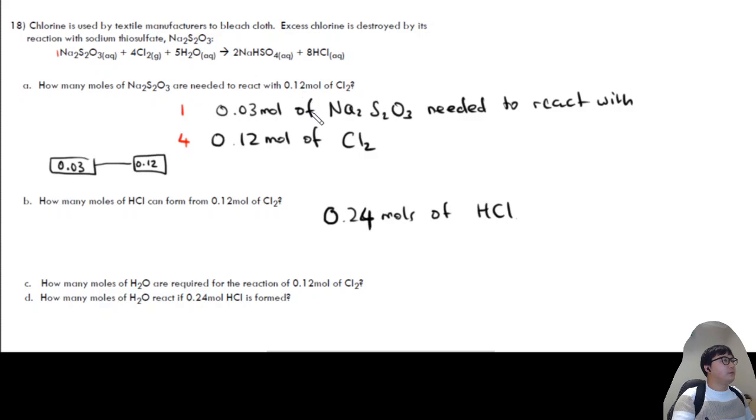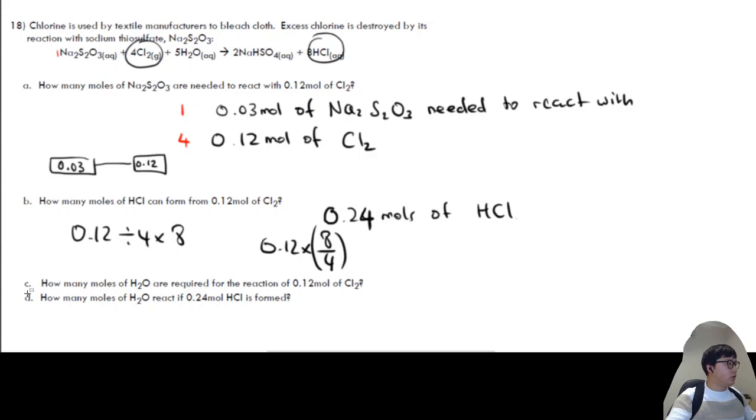So why is it 0.24? The reason is this is a 4, 8, so it's just double. The amount of this one is always double this one. So if you have 0.12, then it's 0.24, just double that, okay? You can also do this technique, 0.12 divided by 4 times by 8, or you can do 0.12 times by 8 on 4, right? So it's all up to you.